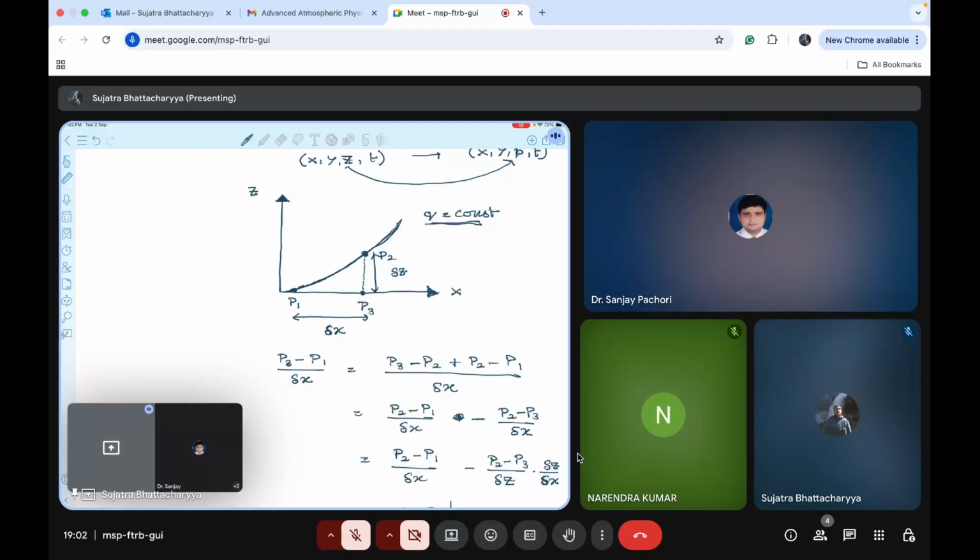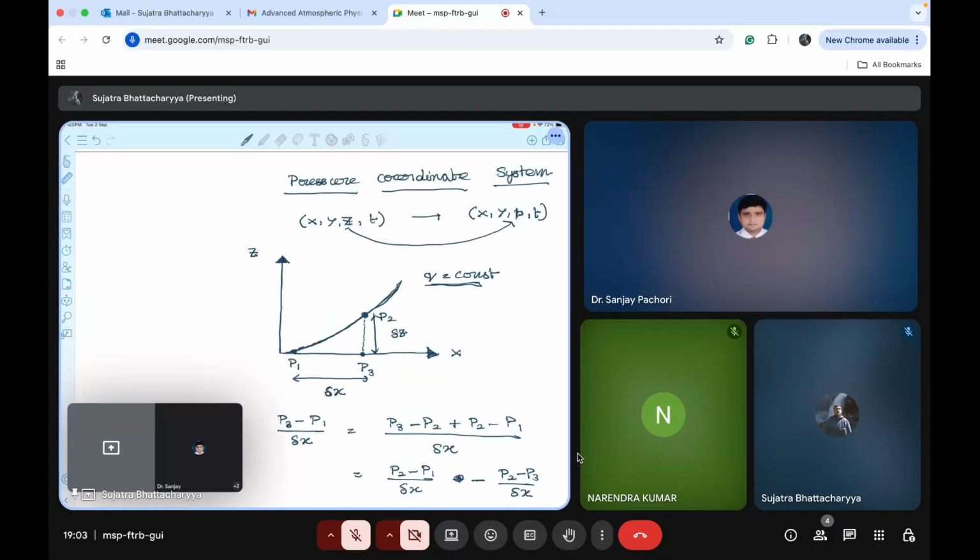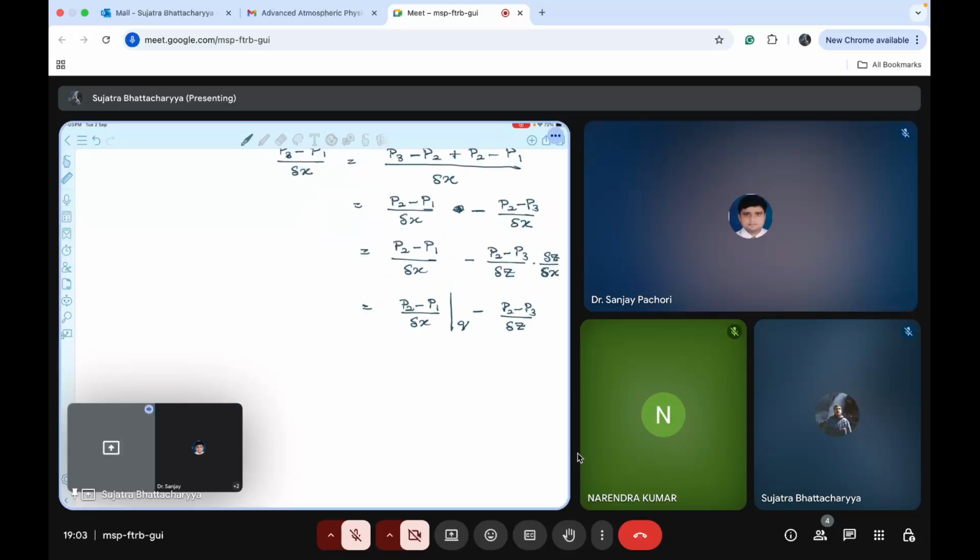Q is some variable which is constant. Let it be theta, potential temperature, or pressure, or temperature, a constant temperature line, a constant pressure line, or a constant potential temperature line. It can be a constant density line also. Any arbitrary variable. We will take Q as pressure here because we are talking about the pressure coordinate.